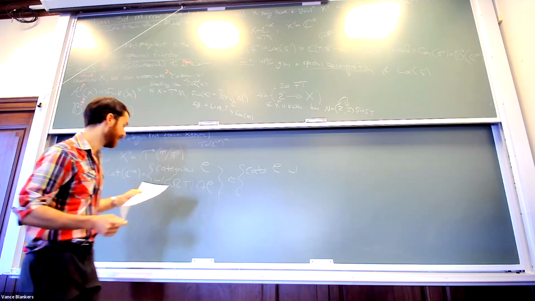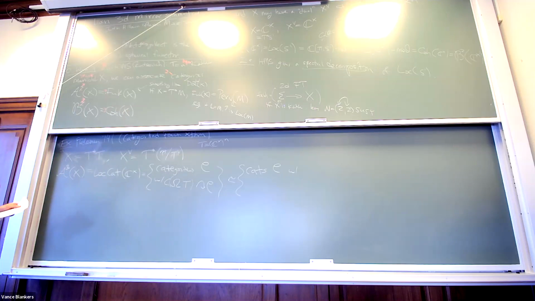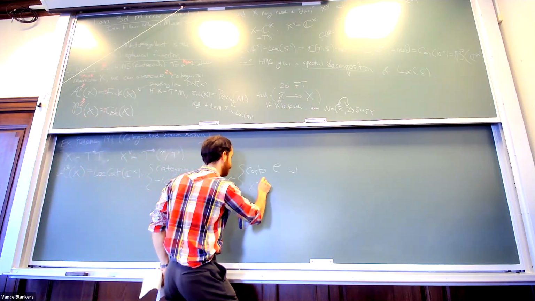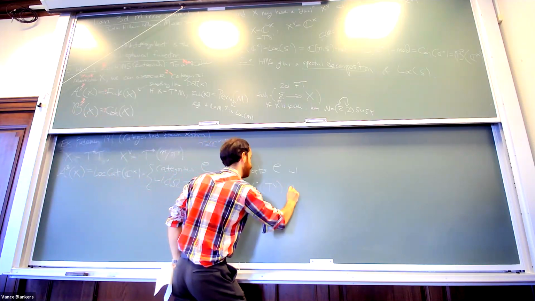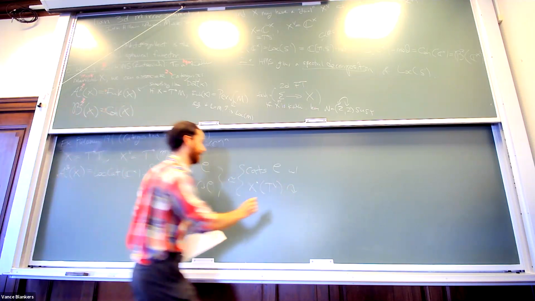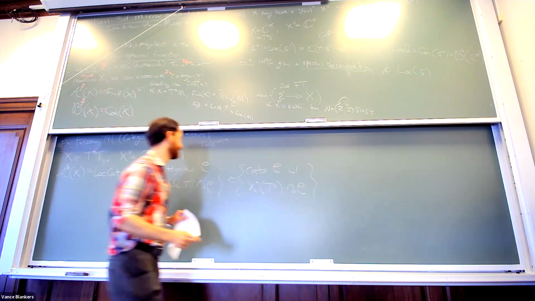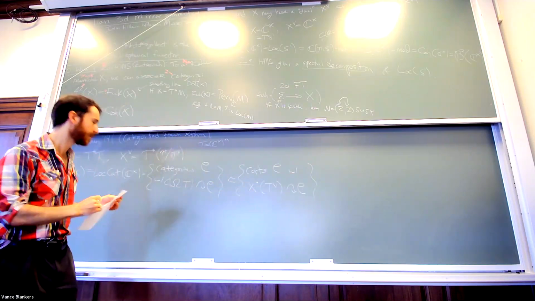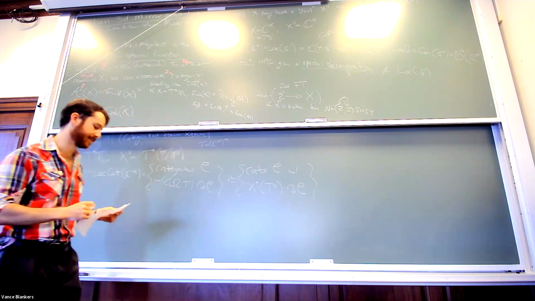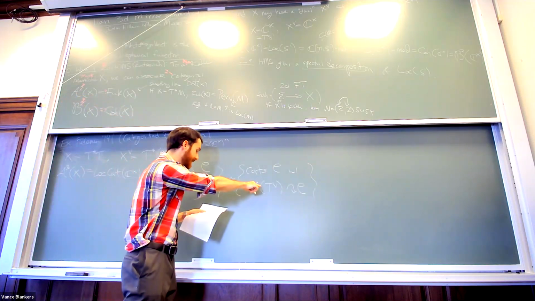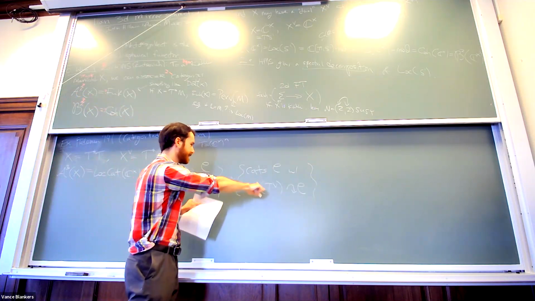It's the co-character lattice of the torus, which is the character lattice of the dual torus, acting on C. So this is just a Fourier transform. Characters of the torus is the same as co-characters of a torus is the same as characters of a dual torus.